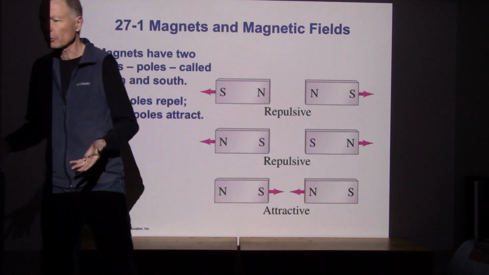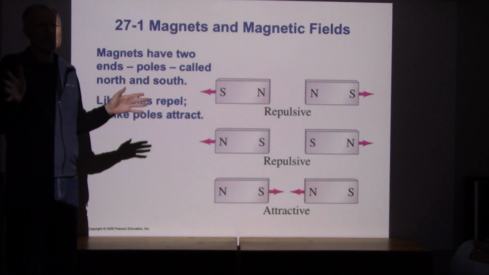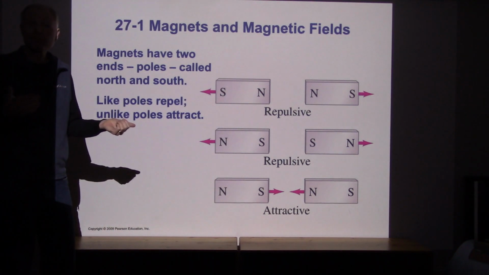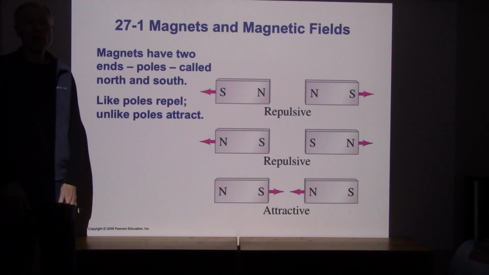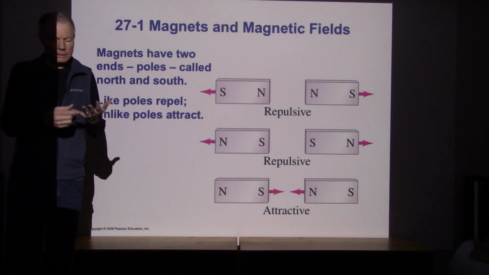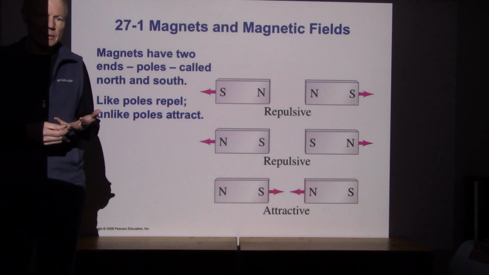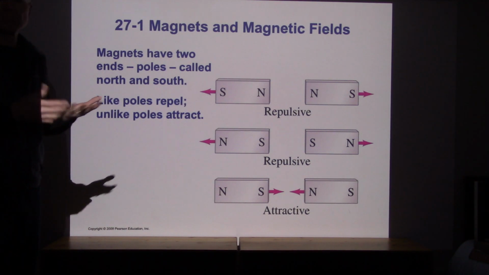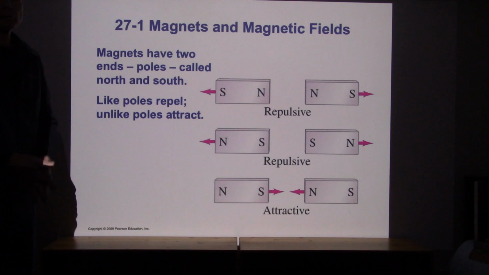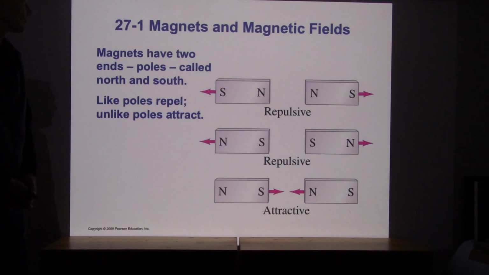In most materials, all the materials around us have electrons, and electrons have charge, and they also have angular momentum. So quantum mechanically, including charge and angular momentum means that you generate magnetic fields. In general, charges in motion are going to generate magnetic fields.